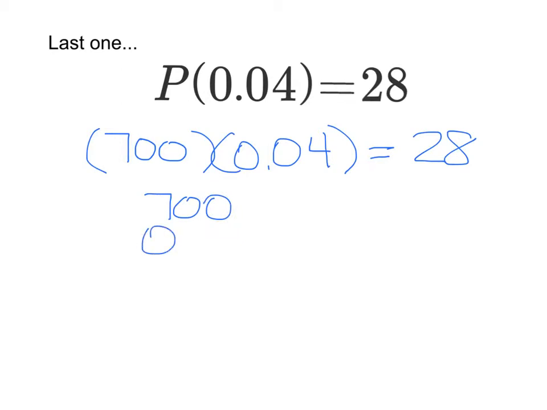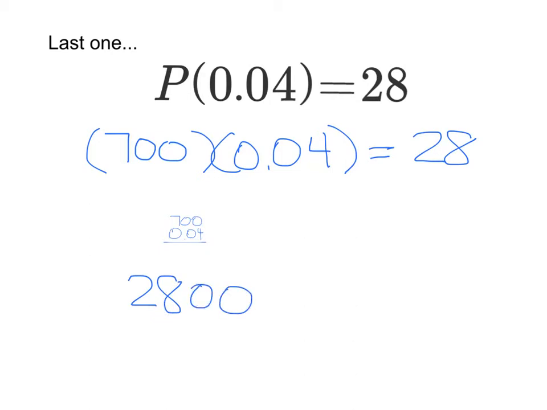If I do 0.04 times 700, I will get 2800 as my answer. But then what I need to remember is, because I have 2 decimal places here, I need to take the current decimal point and move it 2 places back to the left. So my answer is 28, which checks out and makes 700 a solution to my equation.